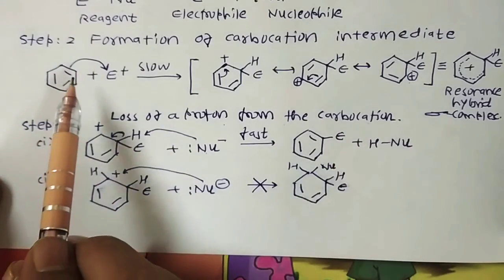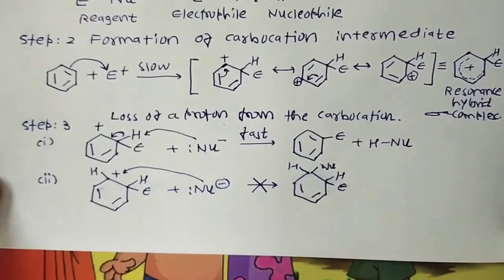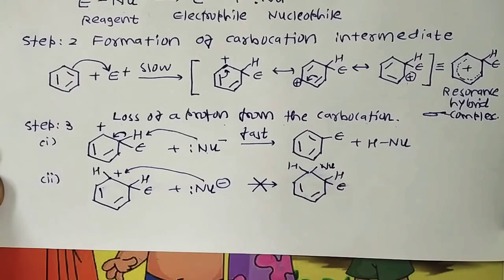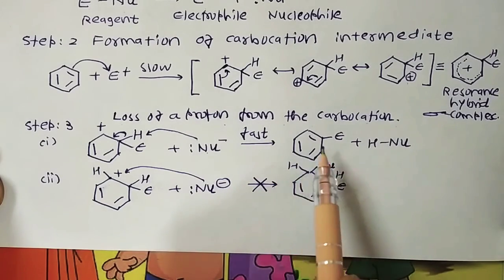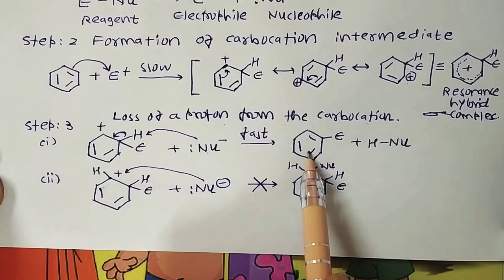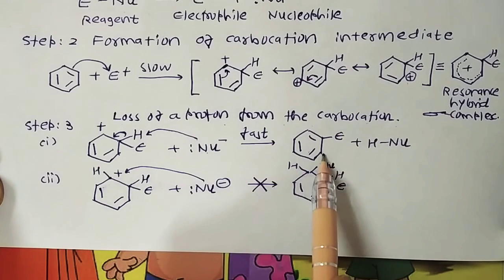So what's the particular product? Benzene is converted by this electrophile, so it is called an electrophilic substitution reaction. Since during this step the aromatic character of the benzene is restored, this step is fast and hence does not affect the rate of the reaction.